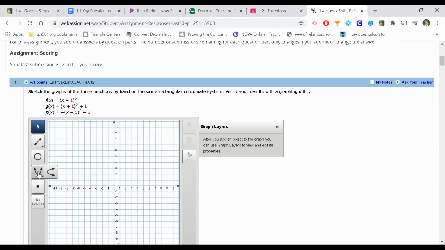I'm going to click this one, double click, and I know this is going to shift it to the right 1. So it would normally start at 0, 0. Instead, it's going to start here, and then it would normally go through 1, 1. So instead, it'll go through 2, 1. And just like for the lines, you only need to plot 2 points to draw your quadratic.